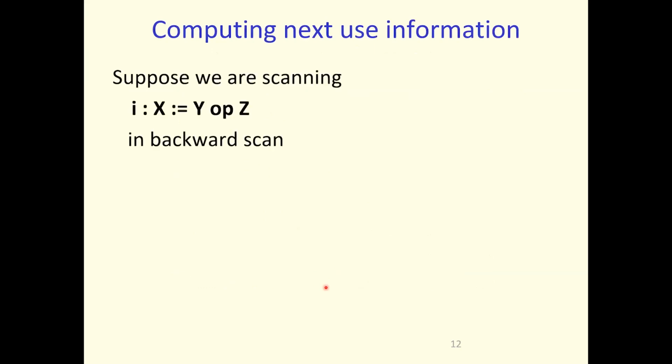Okay. So suppose we are scanning this basic block from bottom to top, and we reach a statement number I, which has this statement x equal to y op z. So what can I say about this instruction?